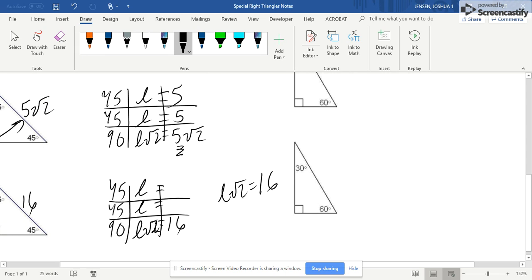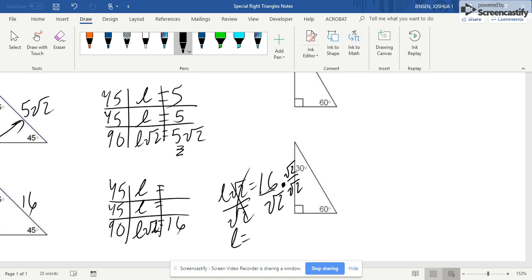So now we actually have to solve for L. When we divide by the square root of 2, those cancel on one side, but not over here. So we have L is equal to 16 divided by the square root of 2. Remember, we cannot have a radical in the denominator. We have to rationalize the denominator, which means multiplying both the numerator and the denominator by that radical on the bottom.